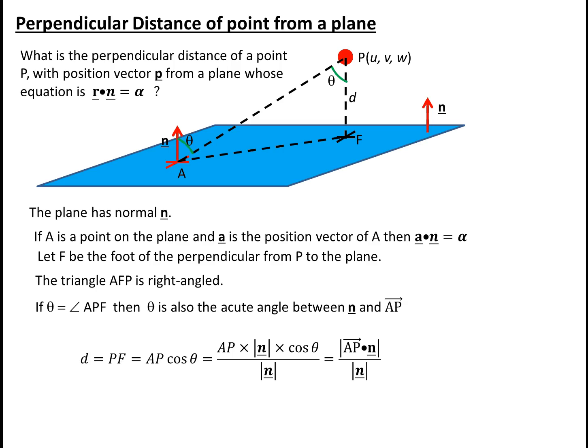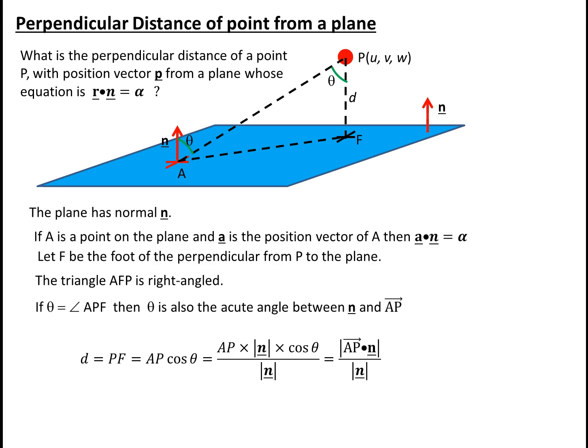Now the reason we've done that is that AP times the length of n times cos theta is precisely the scalar product of AP with n. And since we're insisting that theta is the acute angle between AP and n, we'll put the modulus signs round it just to be safe.